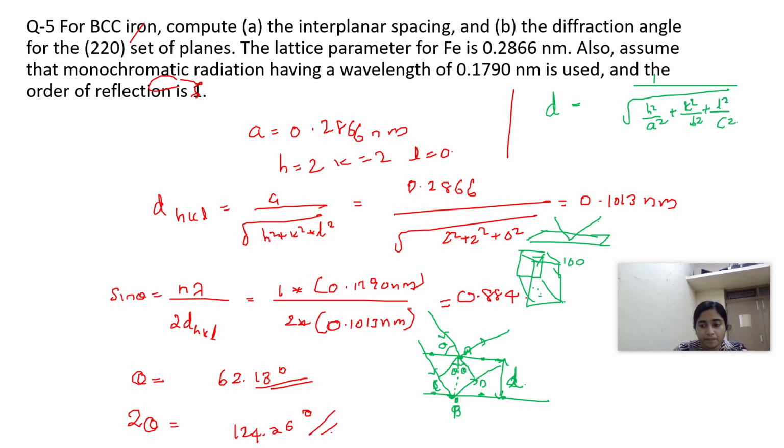It depends mainly on the angle here. And this interplanar distance depends on the hkl values of the plane, which come from the Miller indices. Let's say we are doing it for 111. Then it will be one square plus one square plus one square, that's it.